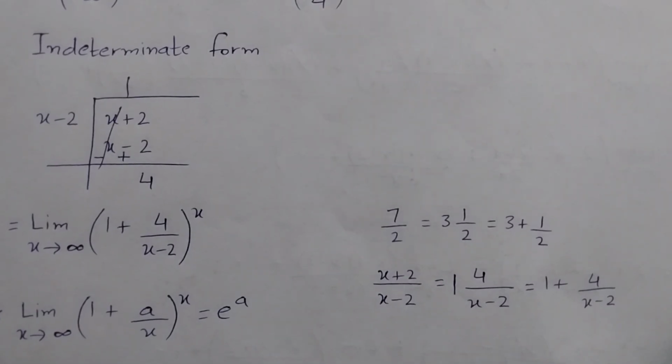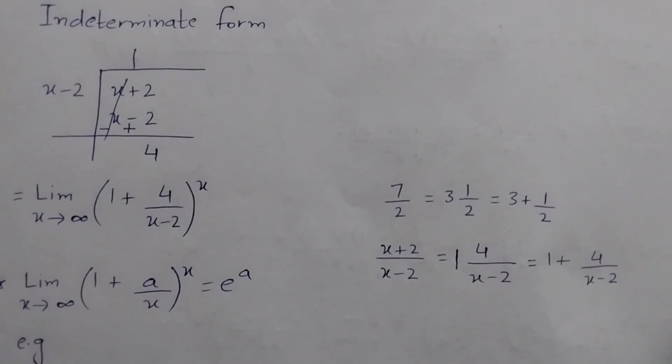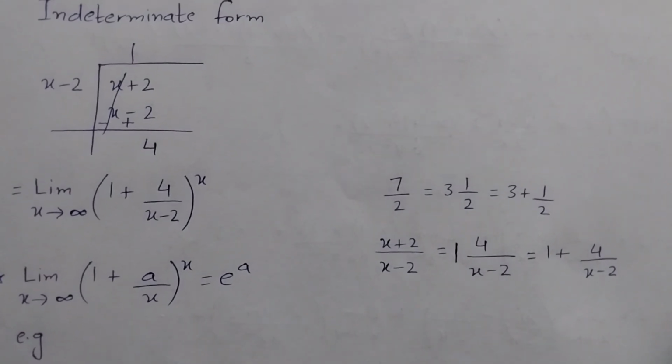So x and negative x get cancelled, and we are left with 2 plus 2, which is 4. So now we can write our given fraction in this form. x plus 2 divided by x minus 2 can be written as 1 plus 4 over x minus 2.